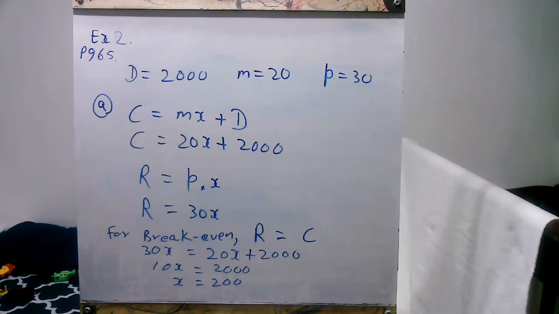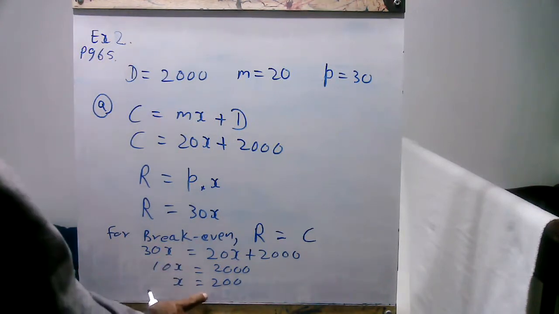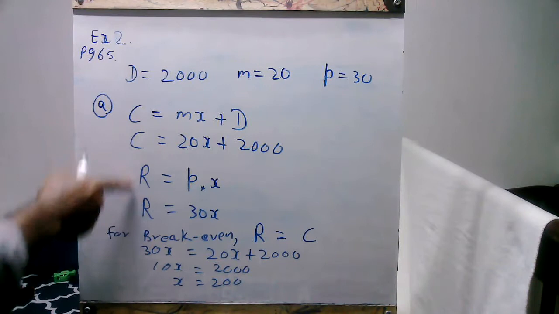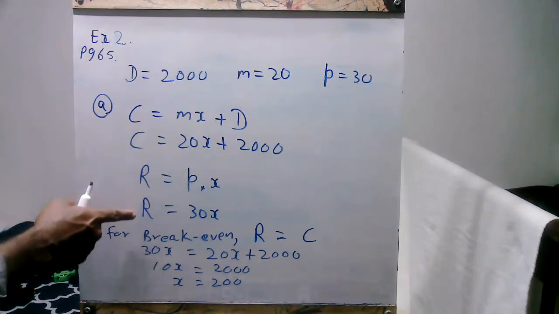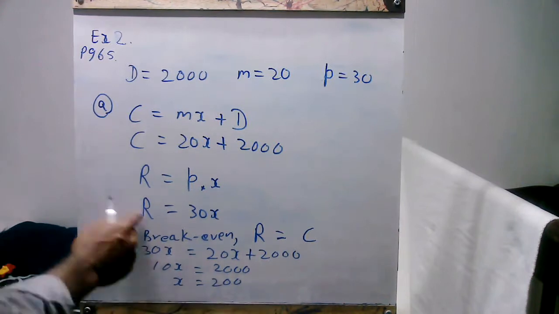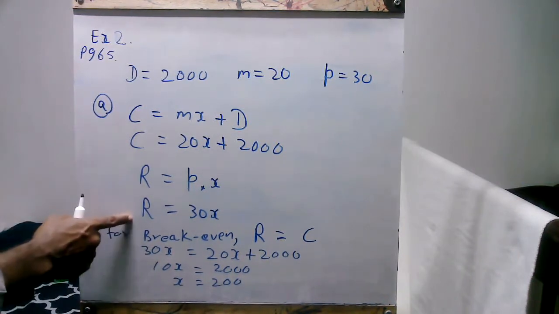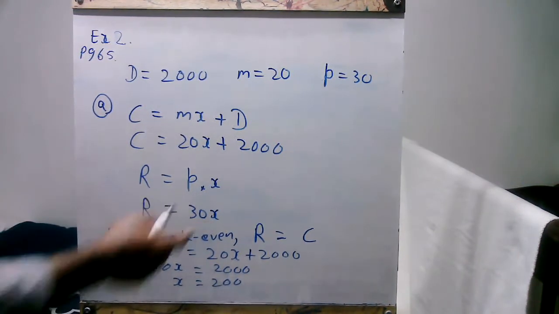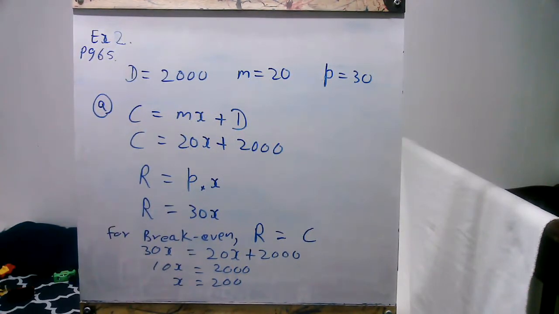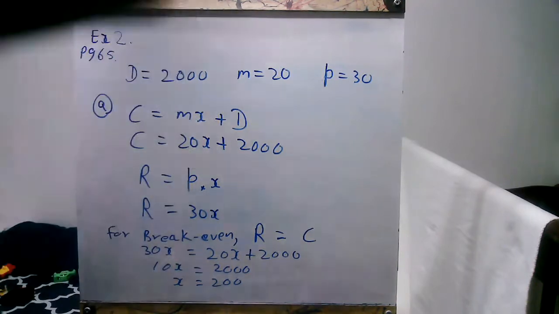So at this point, when x is 200, we have this revenue and cost both the same. We can find what it is by substituting this 200 in one of these two equations. For the convenience, let's substitute it in the revenue equation. Where can I write it?